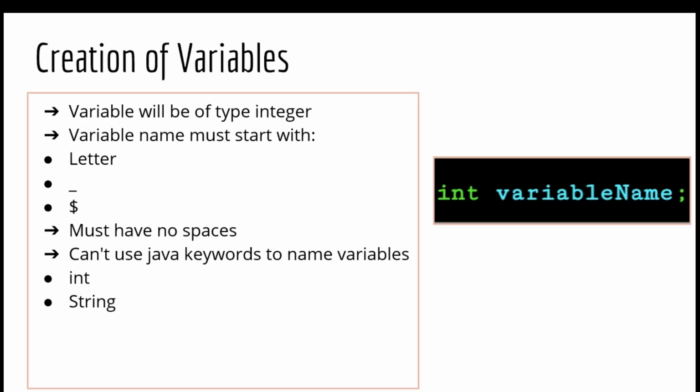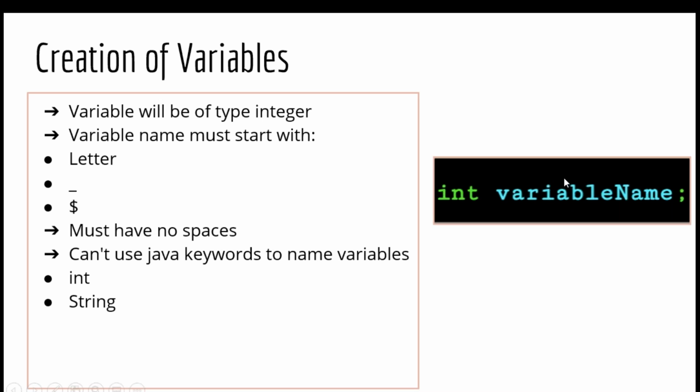This is a rule that Java has and that you must follow when making variable names. As you can see, this variable name starts with a letter, but I could have also started it with an underscore or a dollar sign. That's just a rule you need to follow when naming a variable.